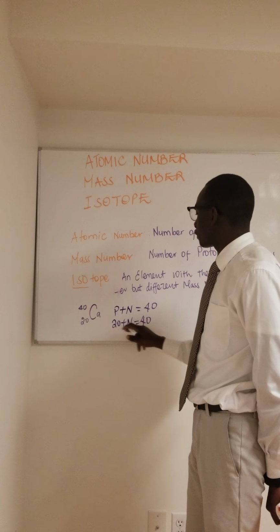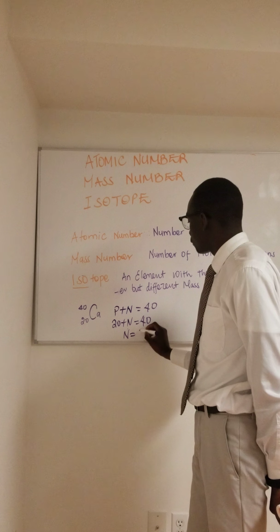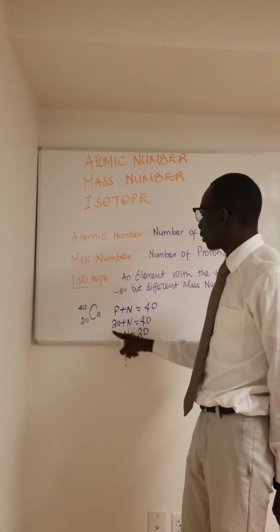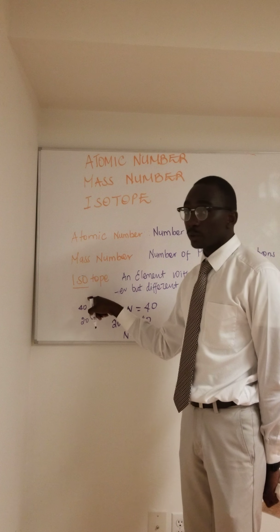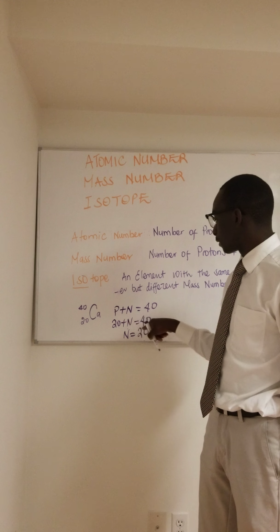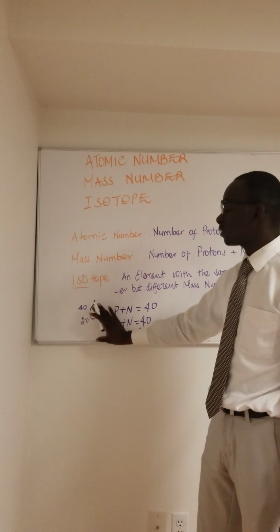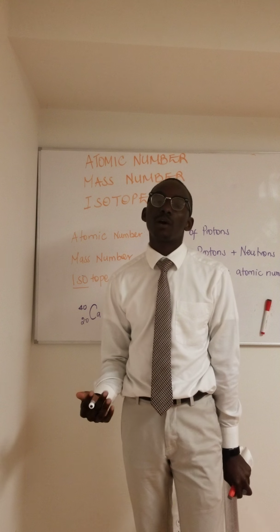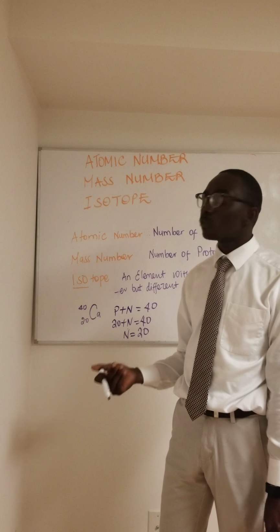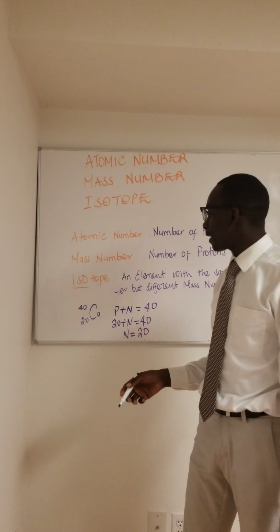So when you subtract 20 on both sides, you get the number of neutrons to be 20. So calcium has 20 protons and 20 neutrons, giving us the mass number of 40. This is how they can set an exam or an exercise with atomic and mass number.